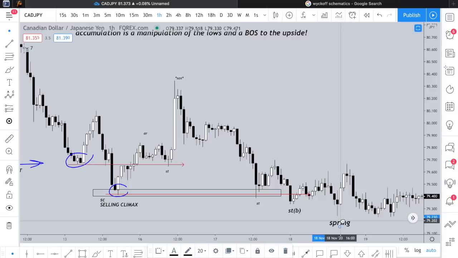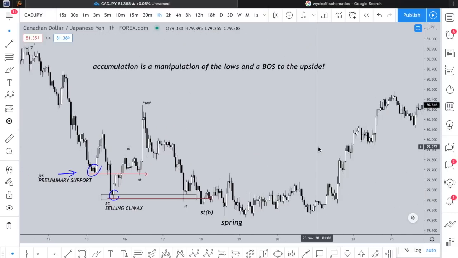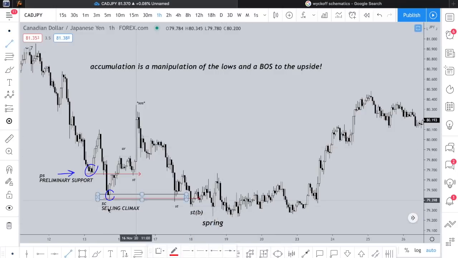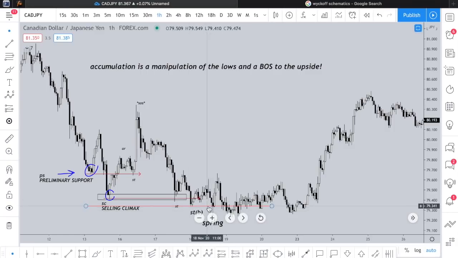The major final point of an accumulation is the spring that gets created. Now, the spring is the final push below all of those previous lows before we get the rally higher. So the spring, in a way, is the final manipulation of all of those previous lows before the market goes higher. In accumulation schematic number 2, we don't normally get a spring. So once we have formed that secondary test in phase B, that normally is that final push to the downside.